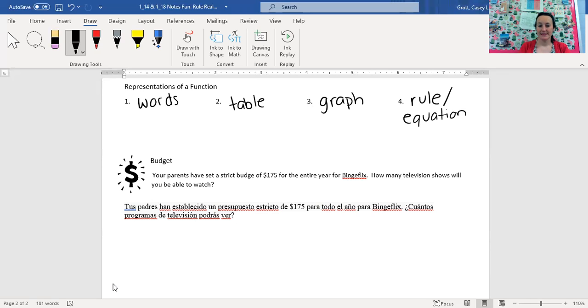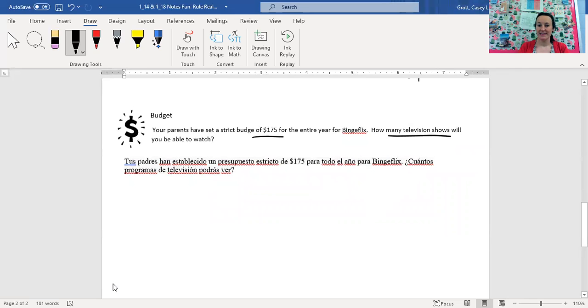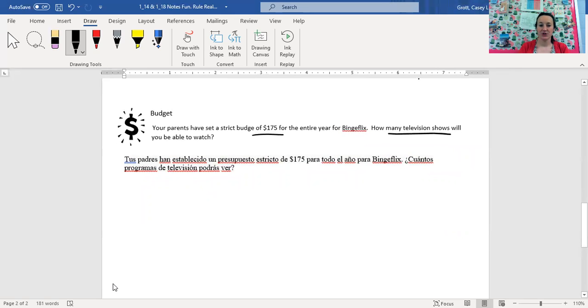The last thing that I want you guys to try: your parents have set a strict budget of $175 for the entire year of BingeFlix. How many television shows will you be able to watch? So here's what we can spend. How many episodes can we watch? If you need a starting point, think back to the table that we set up.